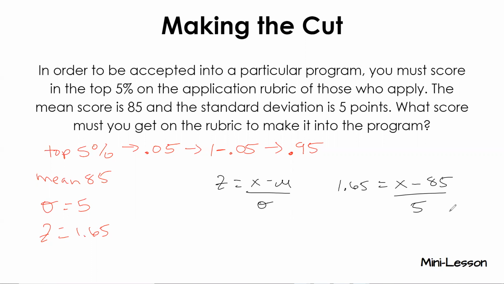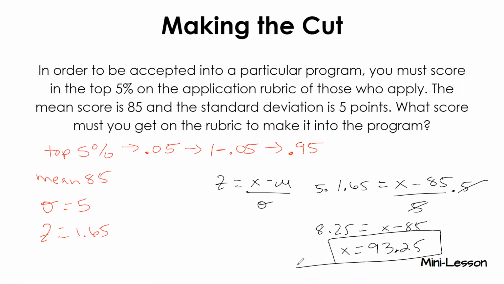So the first thing we're going to do is multiply by 5 on both sides. So if we take 1.65 and multiply by 5, that's going to give us 8.25. And then when we add 85 to it, we're going to get x equals 93.25. So if you were taking this test, you would have to get a 93.25 at least in order to get into the program.